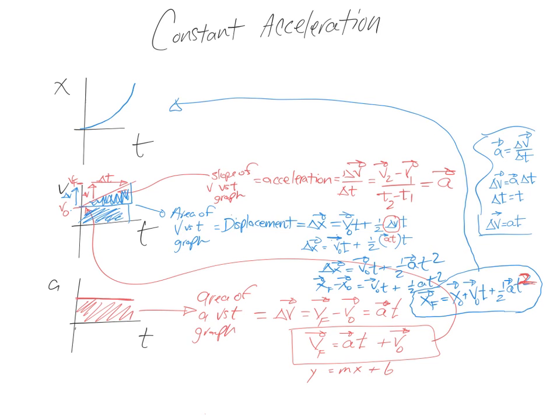And your initial position is right here, right? Your final position is what we're talking about here when we graph, okay? T is right here. And again, the equation of that curve is going to be x final equals initial position plus initial velocity times time plus 1/2 at squared. So I find it interesting and beautiful how all these things connect together.